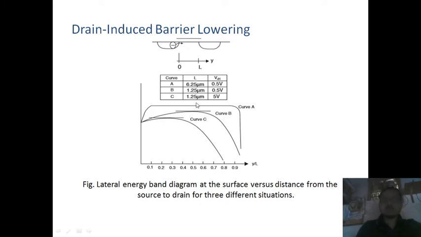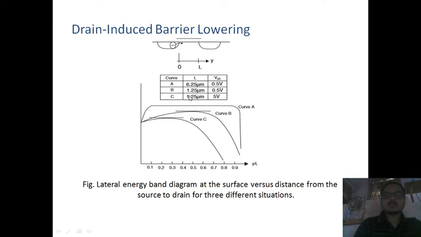See here in this figure, consider 6.25 micrometers as a long channel and 1.25 as a short channel. At 6.25 micrometers, that is curve A. Here the energy band is high, meaning the electrical potential is very high for a long channel.